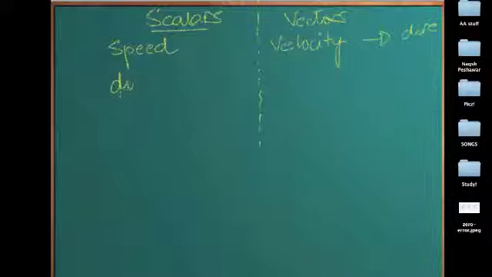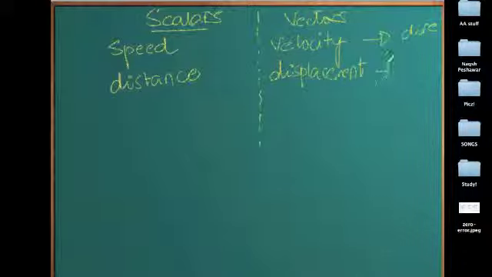Similarly, distance is a scalar quantity. If you tell me you traveled a distance of 85 kilometers, that's all cool for me. But if you tell me you traveled a displacement of 85 kilometers, you will need to tell me the direction from a specific point. So distance and displacement are the same thing, but displacement has an additional direction to it that distance lacks.